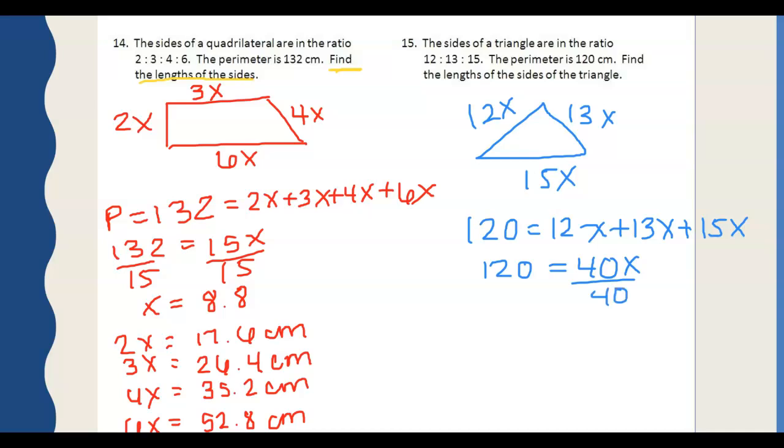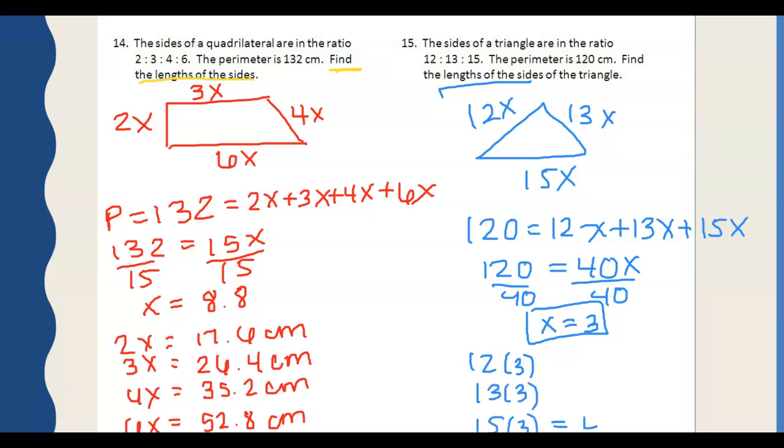Divide both sides by 40, and you get x equals 3. But again, it asks you to find the lengths of the sides. So that's 12 times 3, 13 times 3, and 15 times 3.